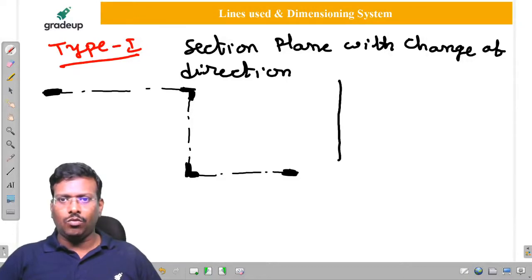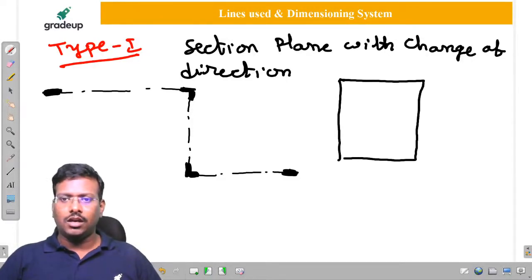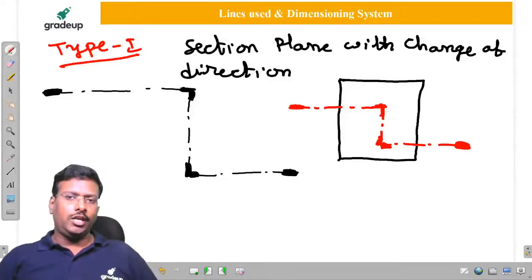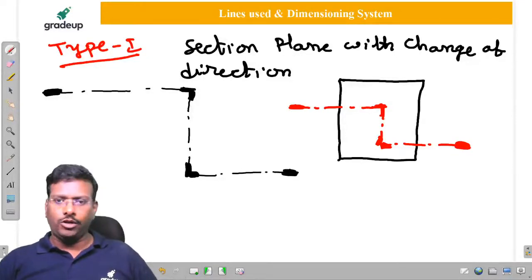I am going to section it like this. Just observe. So this is going to be the section portion. And once you remove it, how is it going to appear, sir? I am going to draw the diagram, and you check whether it is right or not.